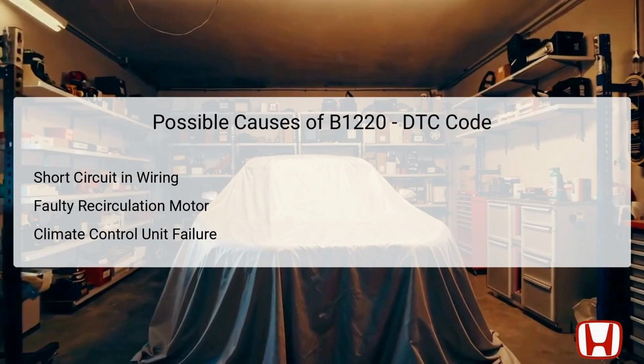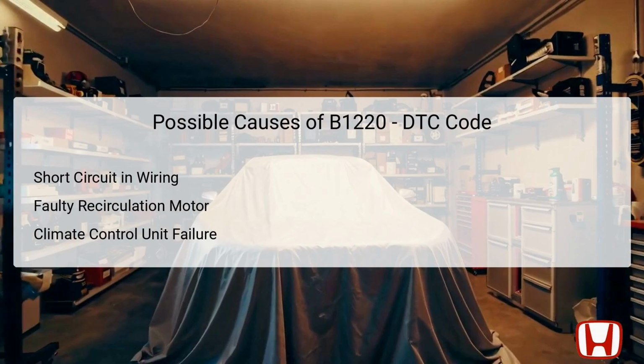Several factors can lead to the emergence of DTC B1220. The first is a short circuit within the wiring harness connected to the recirculation control motor, which can disrupt the electrical flow necessary for operation. Another potential cause is a faulty recirculation control motor itself, which may fail to perform its intended function due to internal component wear or damage.